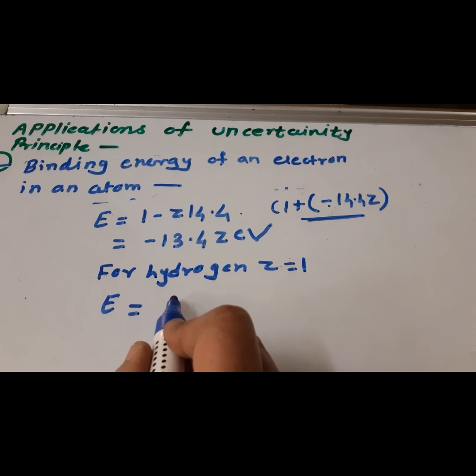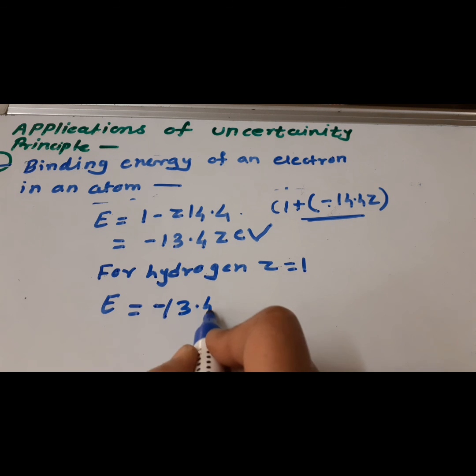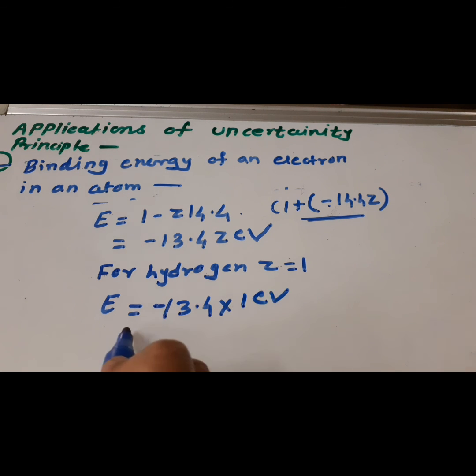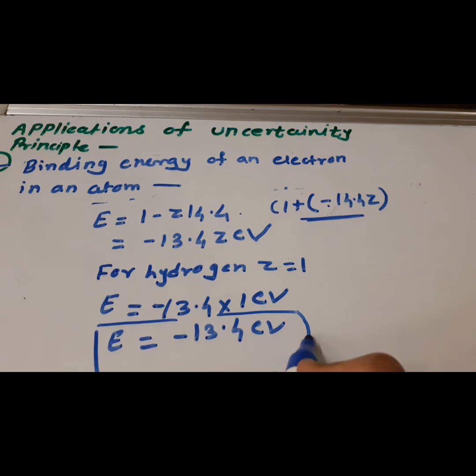Therefore, that is equal to minus 13.4 into 1 electron volt. Therefore, that is equal to minus 13.4 electron volt. For the hydrogen atom, the total energy is equal to minus 13.4 electron volt.